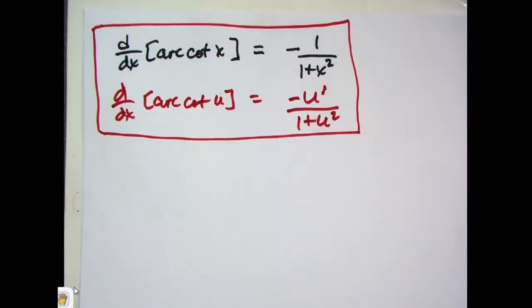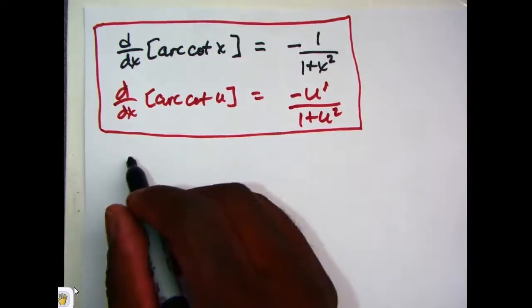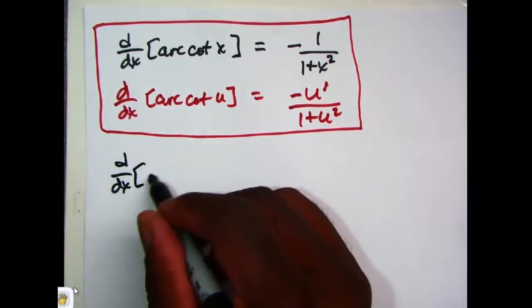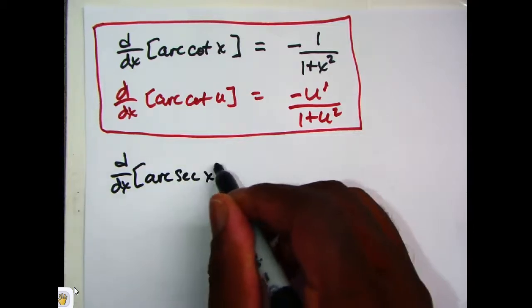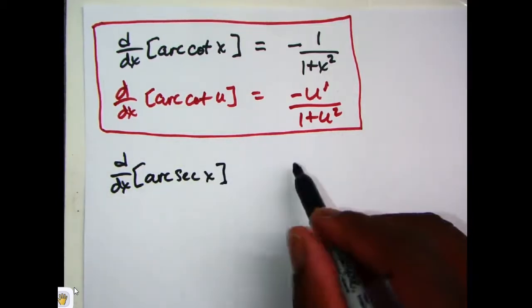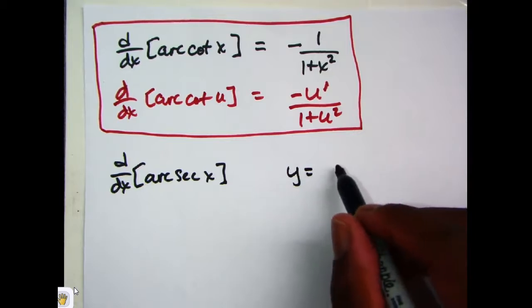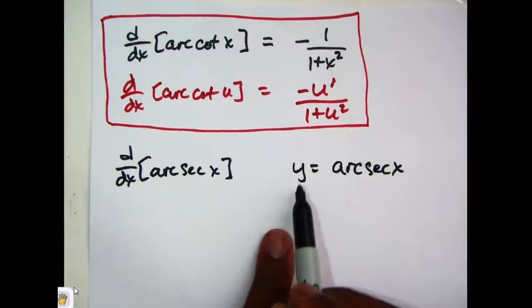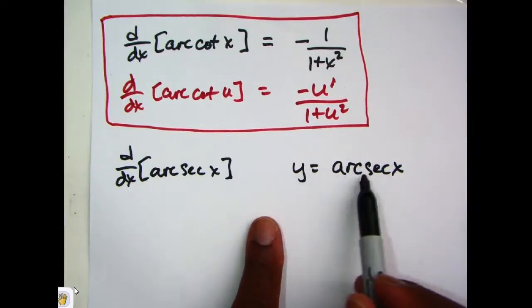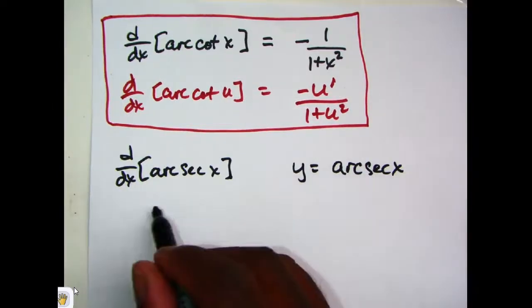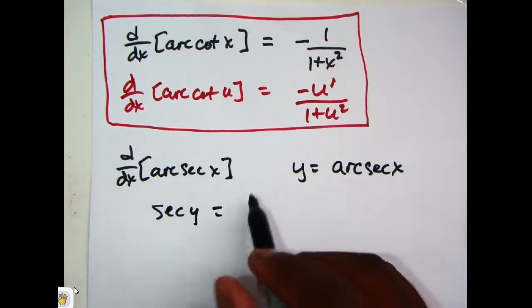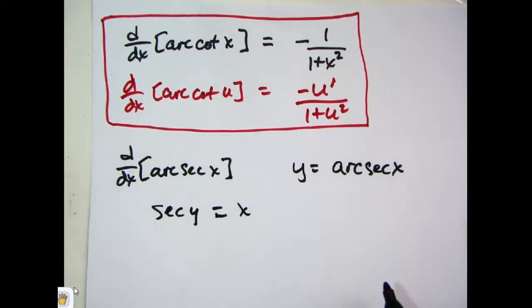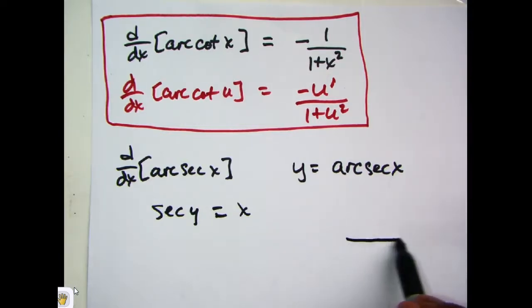Okay, so let's go ahead and take a look at arc secant. The derivative of arc secant of x. Okay, so we're going to start off and we're going to say y is equal to arc secant of x. Taking the secant of both sides, we're going to get secant of y is equal to x. So the right triangle for secant of y is equal to x.